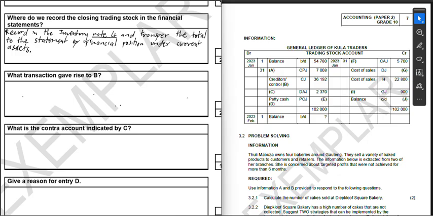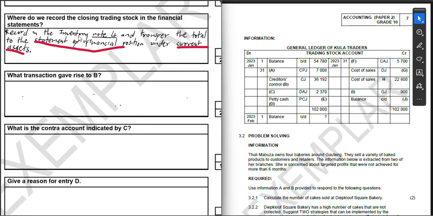I paused the video so that I can conclude writing and not waste so much time. So here I said that we record in the inventory note and transfer the total to the statement of financial position under current assets. This is very specific. So where will you get the marks? You will get the marks where you indicate the statement of financial position and current assets, because this is the main one.